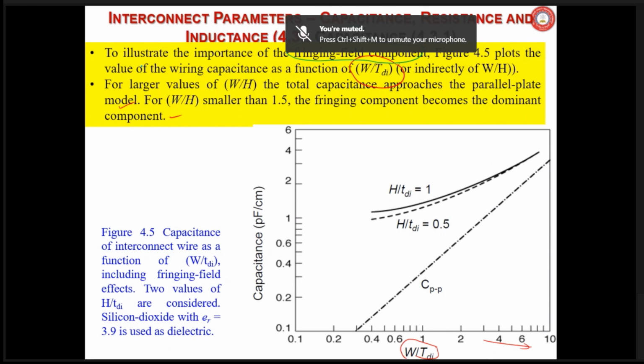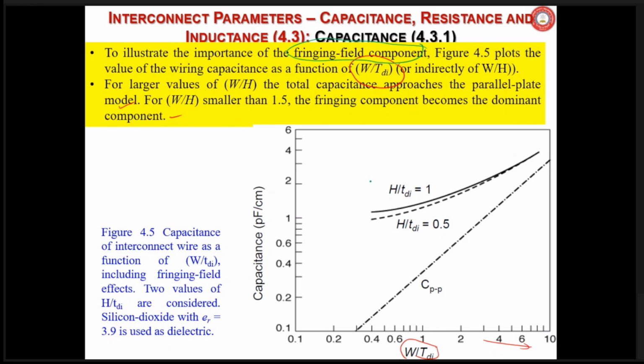This figure plots the values of the varying capacitance as a function of W by t di, your x-axis, or indirectly of W by H. For larger values of W by H, the total capacitance is close to the parallel plate value. For values smaller than 1.5, the fringing component becomes dominant.